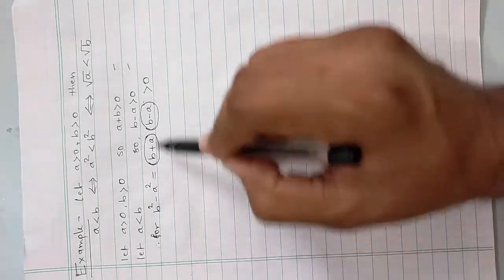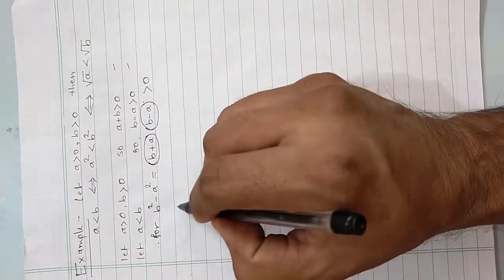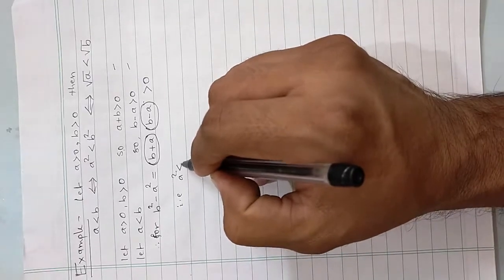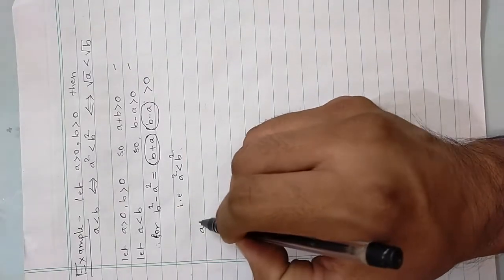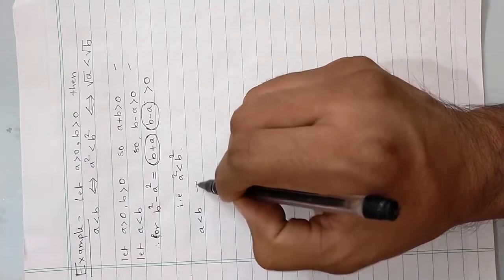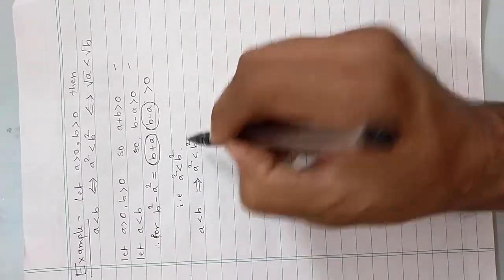B square minus a square should be positive. That is, a square is less than b square. So it is what we wish to show. That means we have shown that if a is less than b, then a square is less than b square.